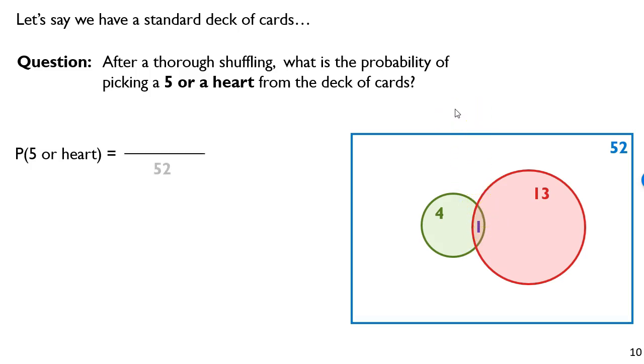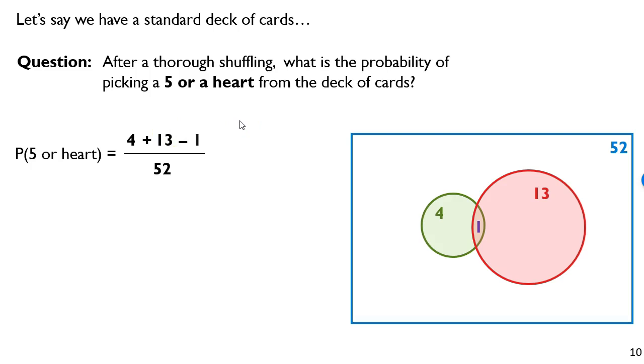So when calculating this probability, we know that the denominator is 52 because that's the total number of outcomes. There are 4 fives plus the 13 hearts. However, because we double counted the 5 of hearts, right? We counted it when we were considering the fives, and then when we were considering the hearts, we counted it twice.